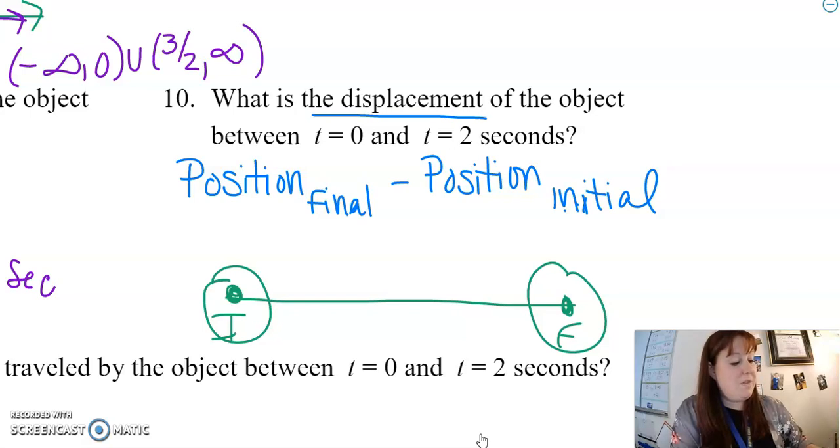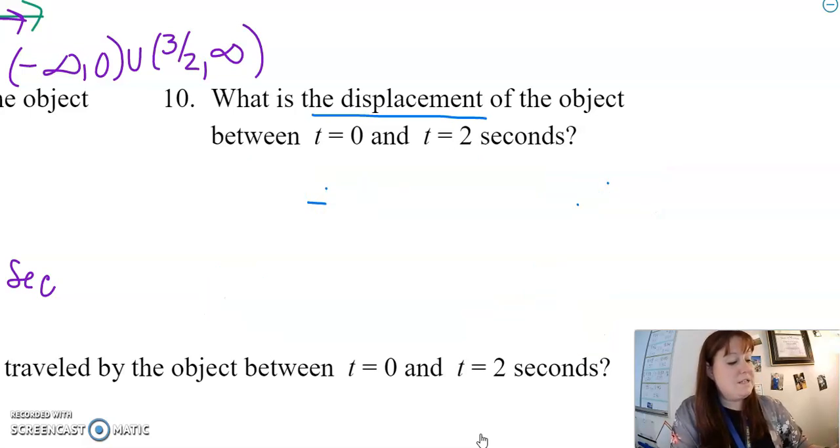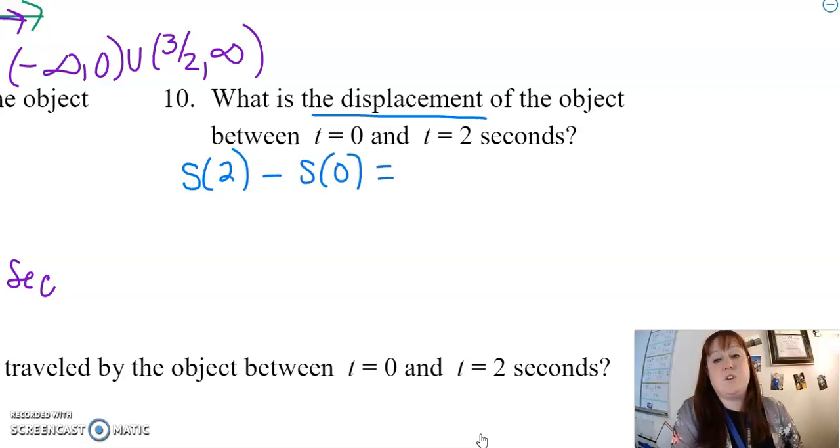So let's figure out what those are, right? Okay, where is it when t equals 0 and when t equals 2? So our final position is s of 2 minus s of 0, because remember the s function, our position function, tells us where it is in space.